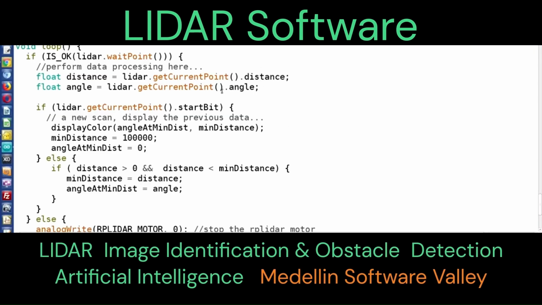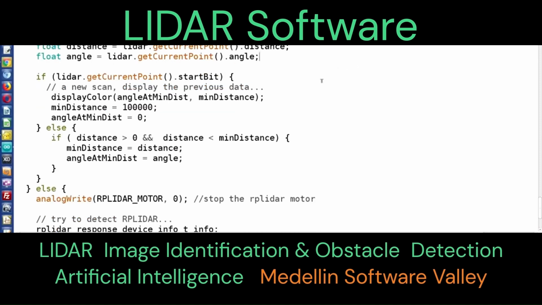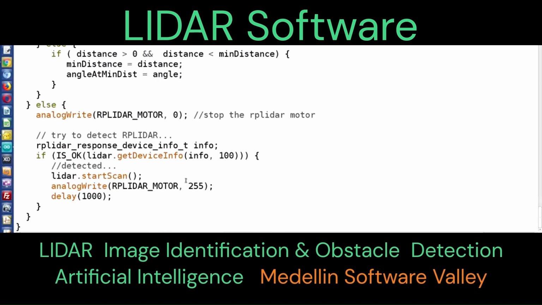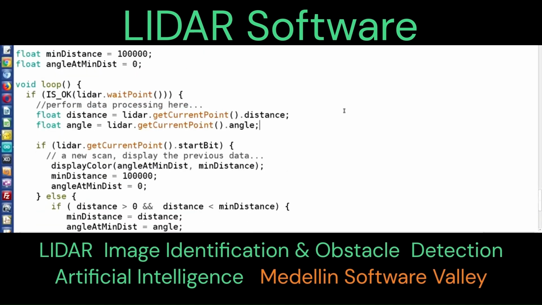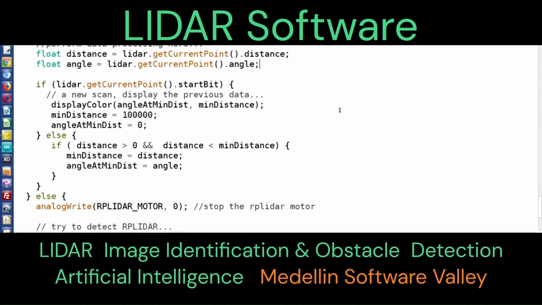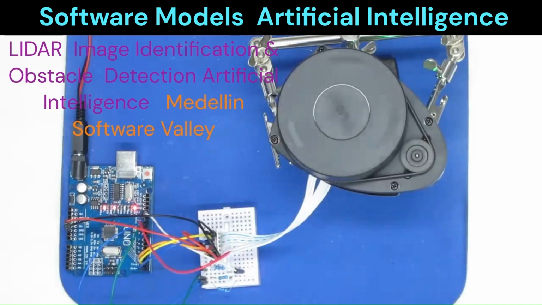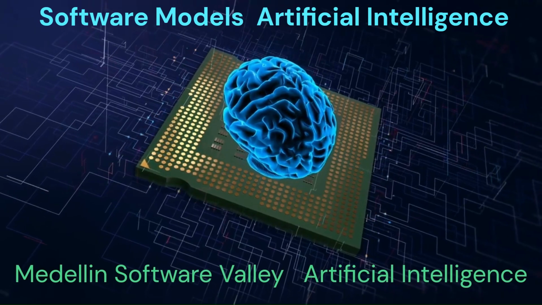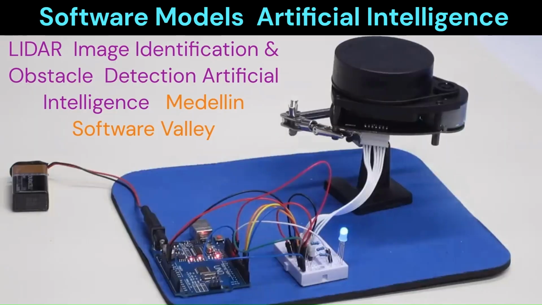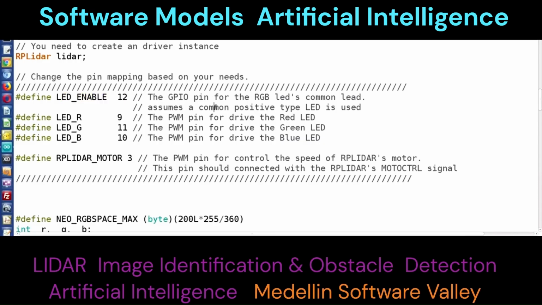An instance of the LIDAR light library is created. Now, in the setup function, when we initialized the serial monitor and started it at 9600 bits per second, we define I2C as a communications protocol.